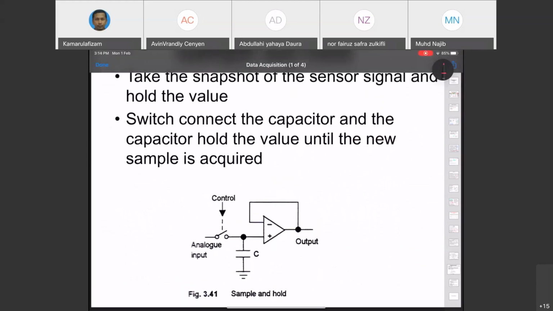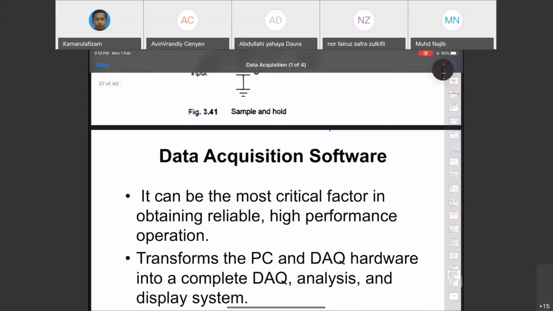You don't have to do all the sampling and holding, and you don't have to worry about it because this whole system and circuit is embedded in the chips. Once you select the ADC or multiplexer chips, this will be specified for you.